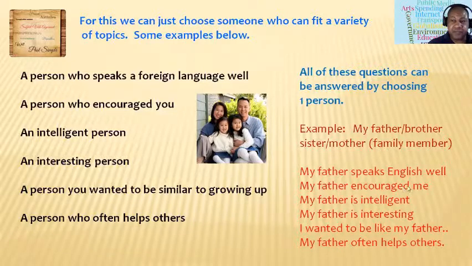My father encouraged me to do something. My father is an intelligent man. My father is an interesting man. I wanted to be like my father when I was growing up. My father often helps others, not just people in our family, he helps other people. So you've got one person and you practice adapting your answers to suit the different questions.